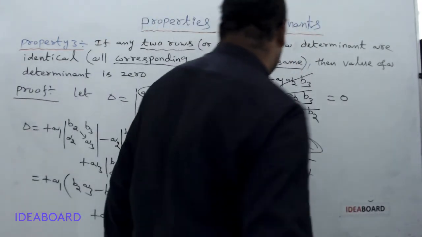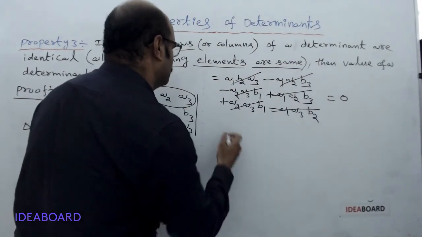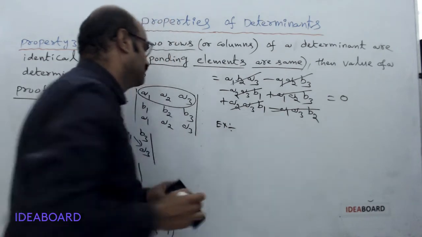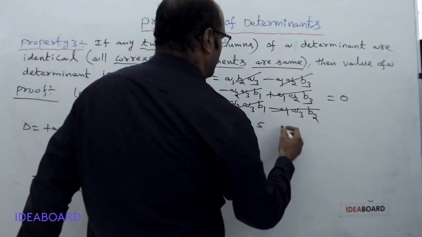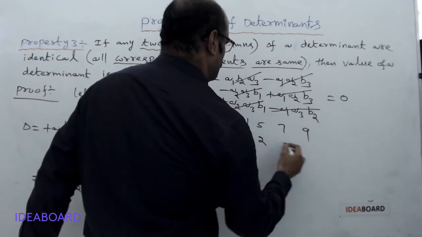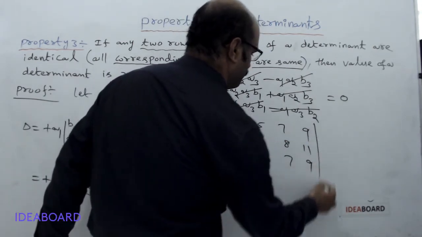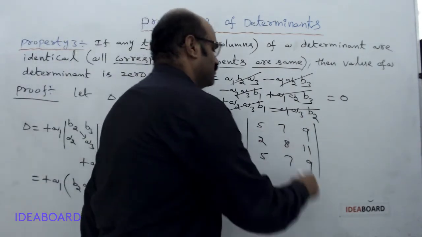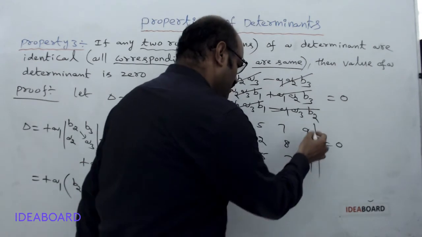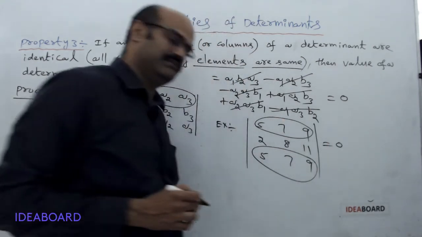So now, if you take an example here, the determinant of 5, 7, 9, 2, 8, 11, 5, 7, 9. The value of this one is always equal to 0 because here R1 and R3 are identical.